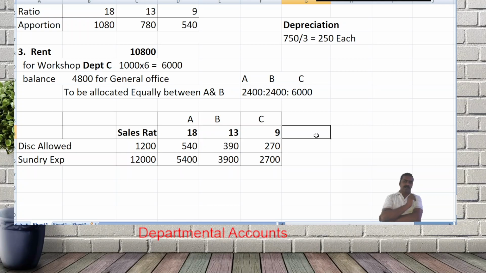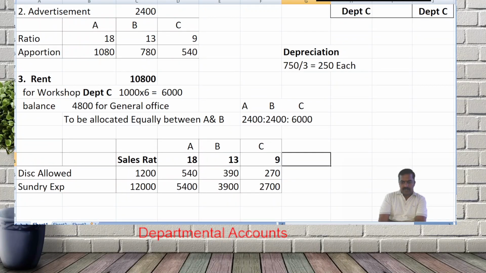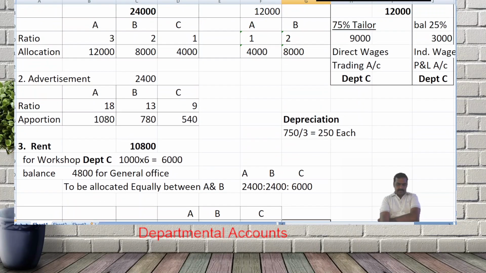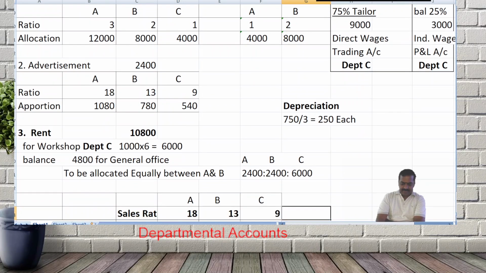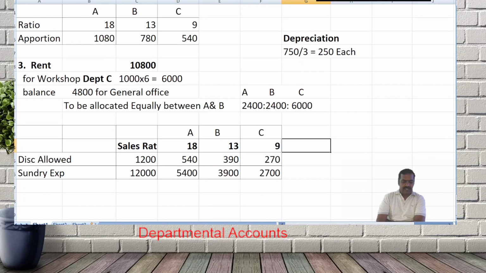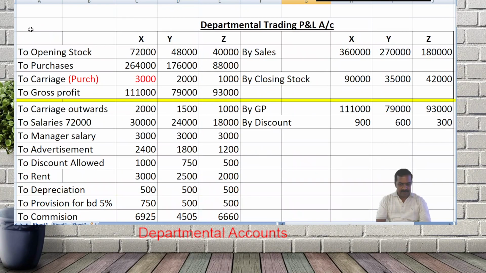Departmental trading P&L account. Let us start. Any doubt in any of the working that we have done? Unless you worked out this problem in the class, you cannot think it through in the examination hall. Start. Particulars and 3 columns. Departmental trading P&L.